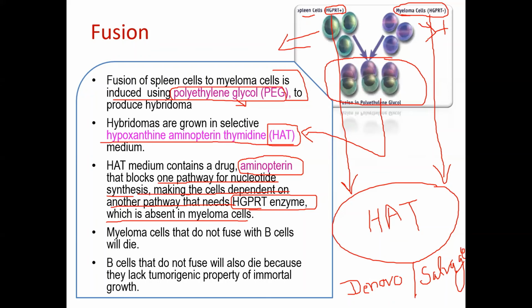So intentionally, they have to fuse to be able to survive by one of the pathways, because the other pathway is still blocked by the blocker called aminopterin.